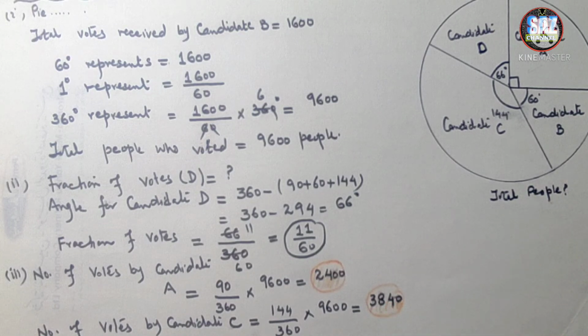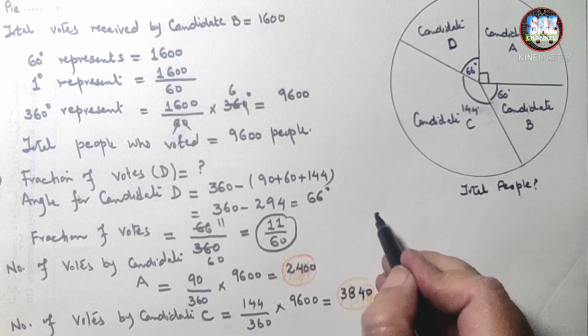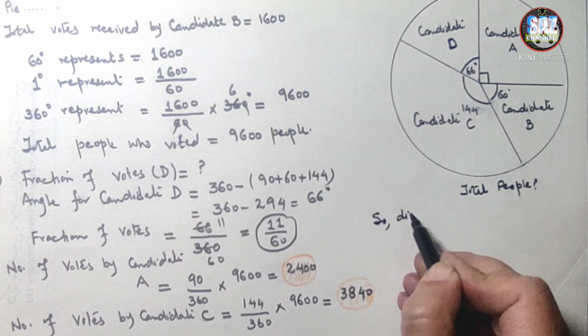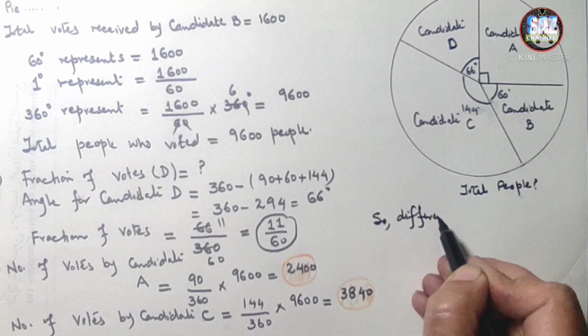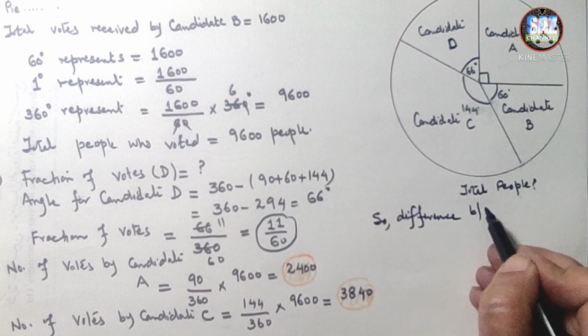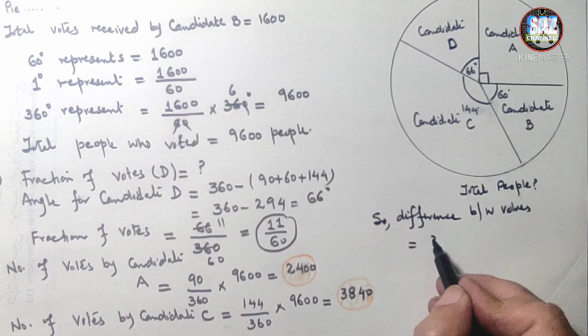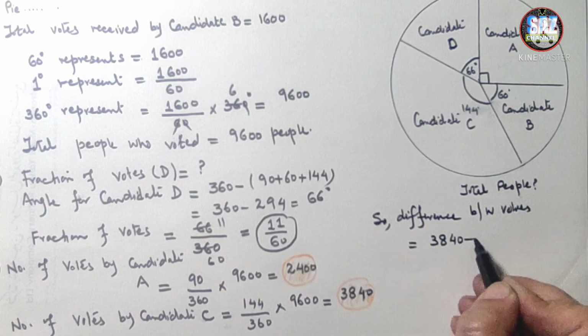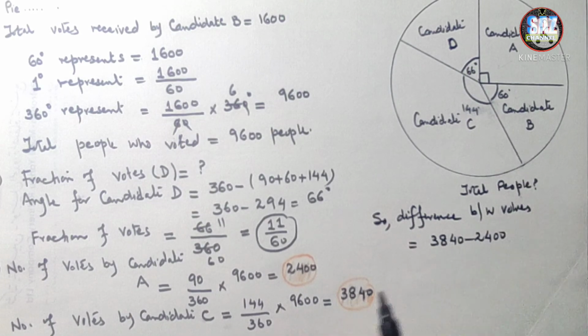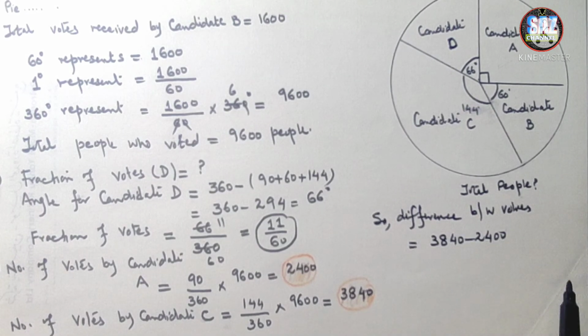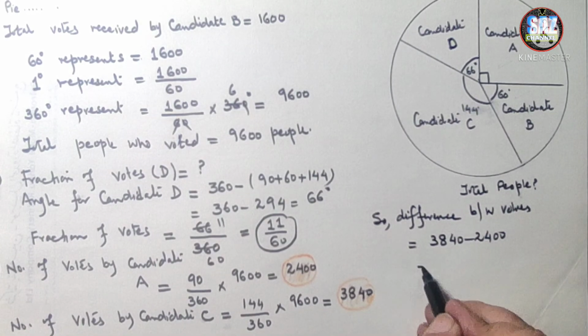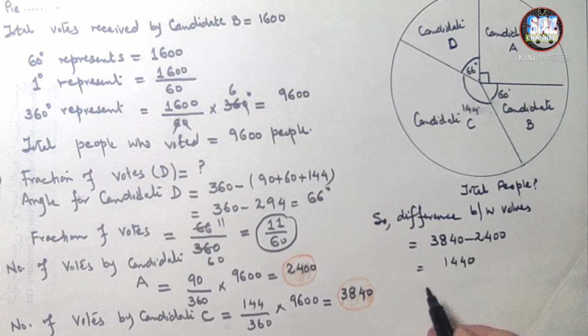So the difference between the votes will be equal to 3840 minus 2400, and this is equal to 1440.